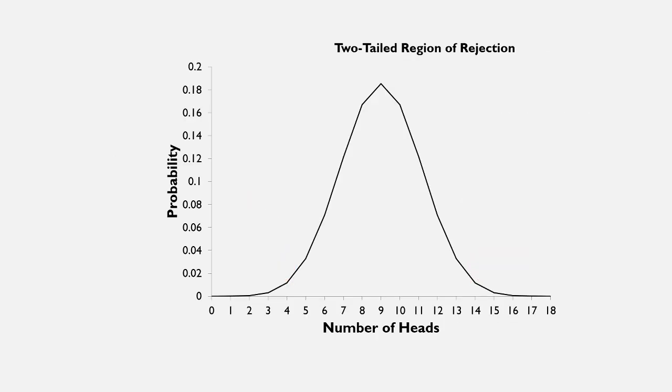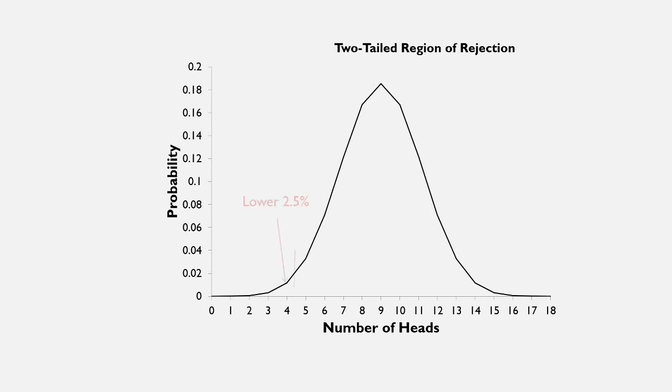So if you had used the one-tailed test, and let's say you found that you only got 4 heads on 18 coin flips, despite the fact that that was compellingly extreme in the opposite direction, you'd be forced to say, sorry, that didn't meet my prediction, not significant. So you're sort of locking yourself into one direction.